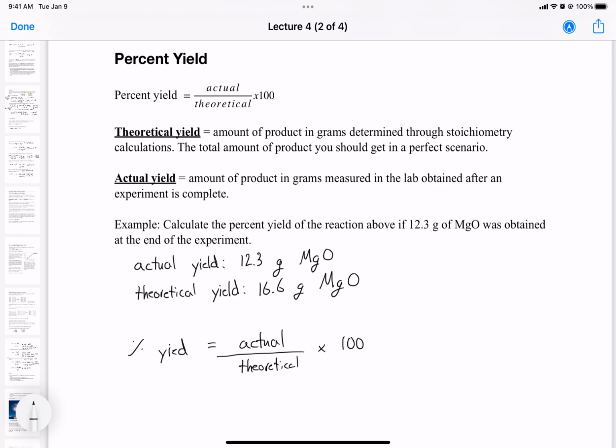So this will be equal to 12.3 grams over 16.6 grams. Grams will cancel out here, and then you multiply by 100, and we get 74.1. So that's a pretty decent yield. So 74.1%. So that's the percent yield calculation.